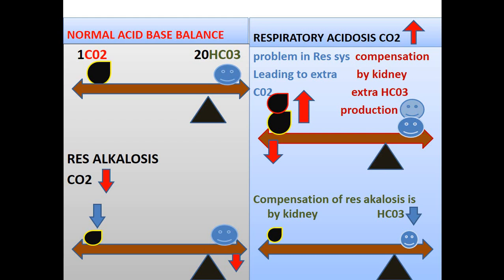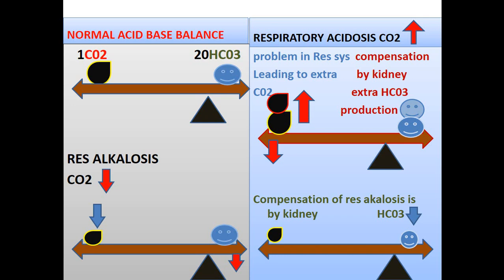Now in this type of acidosis, where both your systems are normal, both systems will try to compensate for it. But when one system is diseased and it produces acidosis or alkalosis, the other system will try to compensate for it.